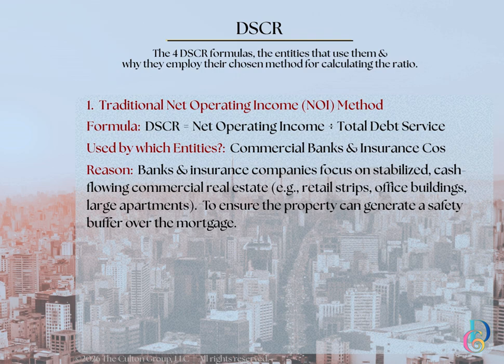They want to make sure that the property can generate enough income to pay for itself. And if it can't, then the loan package just doesn't go anywhere. It's rejected. It just does not happen. All right, so we will move on to the next one.